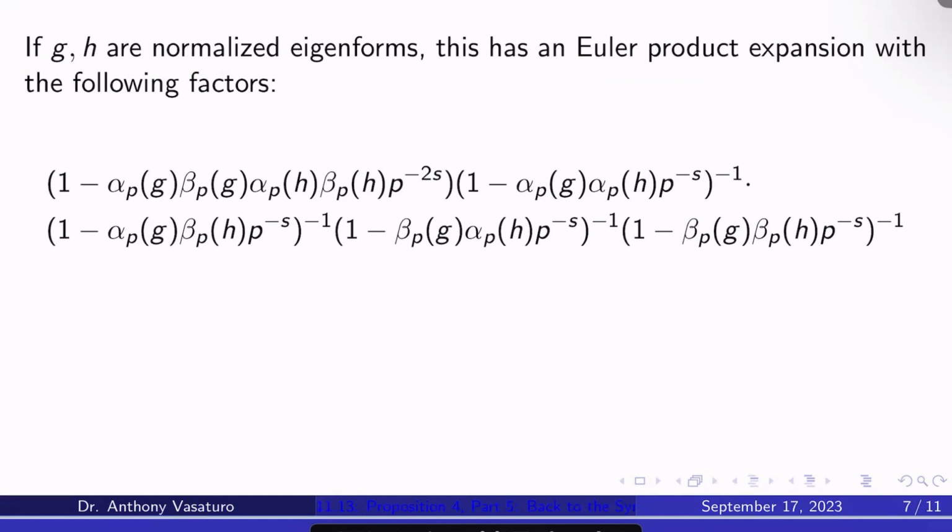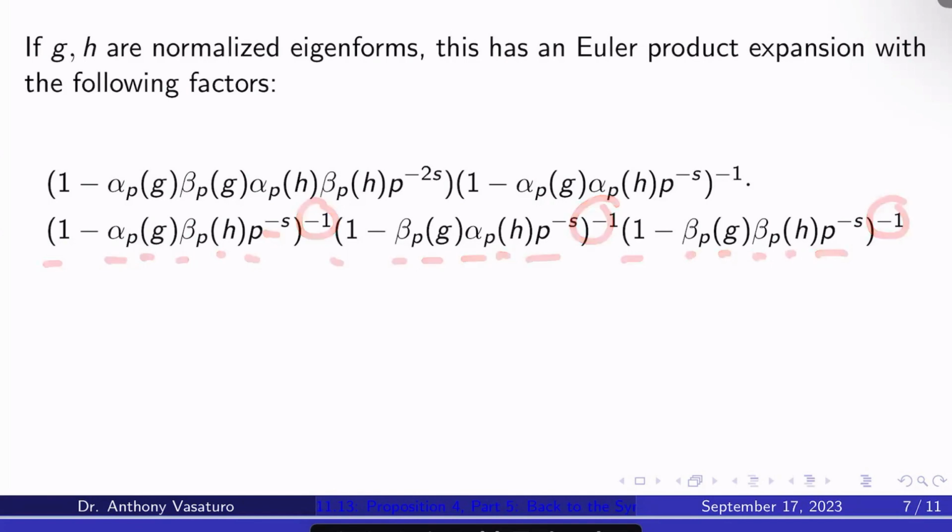So the factors are 1 minus alpha sub p of G, beta sub p of G, alpha sub p of H, beta sub p of H, p to the negative 2s, times 1 minus alpha sub p of G, alpha sub p of H, p to the negative s inverse, times 1 minus alpha sub p of G, beta sub p of H, p to the negative s inverse, times 1 minus beta sub p of G, alpha sub p of H, p to the negative s inverse, times 1 minus beta sub p of G, beta sub p of H, p to the negative s inverse.